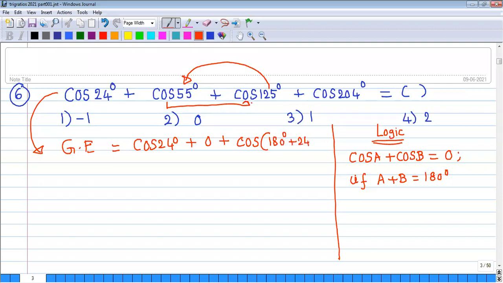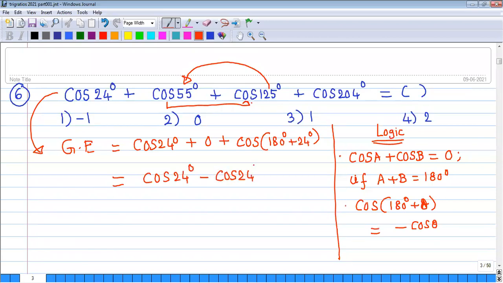And we have one more formula, cos of 180 degrees plus theta is minus cos theta. Now this can be written as cos 24 degrees minus cos 24. Cos 24 minus cos 24 will cancel out. We get 0. Second option is the right option.